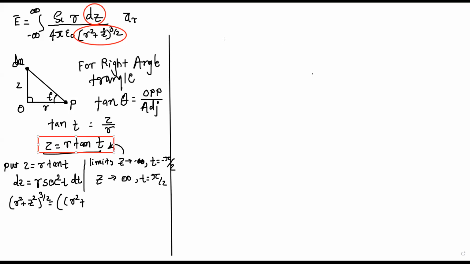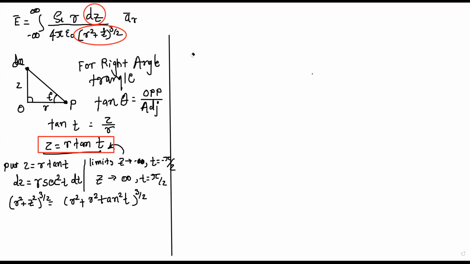सो z च्या ऐवजी काय लिहिणार मी आता, इन प्लेस ऑफ z वी कॅन राईट r square tan square t, bracket raised to 3/2.